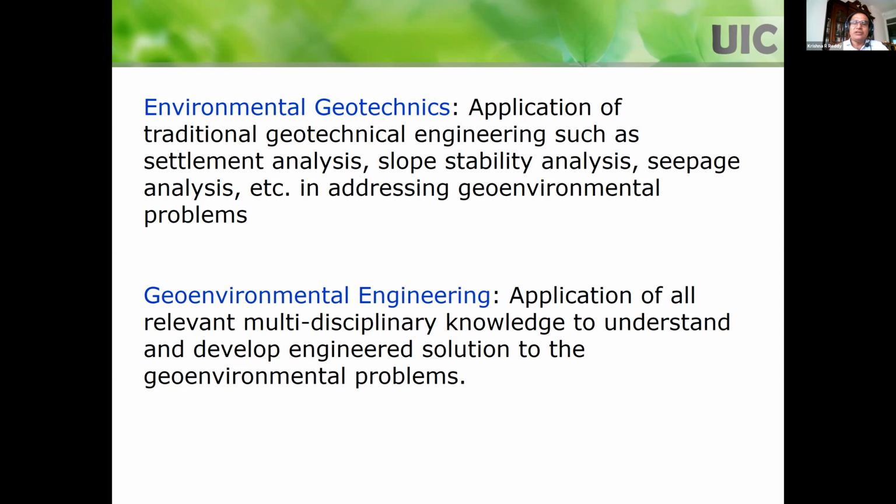Geoenvironmental engineering is putting all the multidisciplinary expertise together to solve the problem, coming up with an engineering solution. Environmental geotechnics is basically applying geotechnical engineering as needed in designing the solution to the geoenvironmental problem. So environmental geotechnics is narrow in scope, whereas geoenvironmental engineering is very broad in its scope.